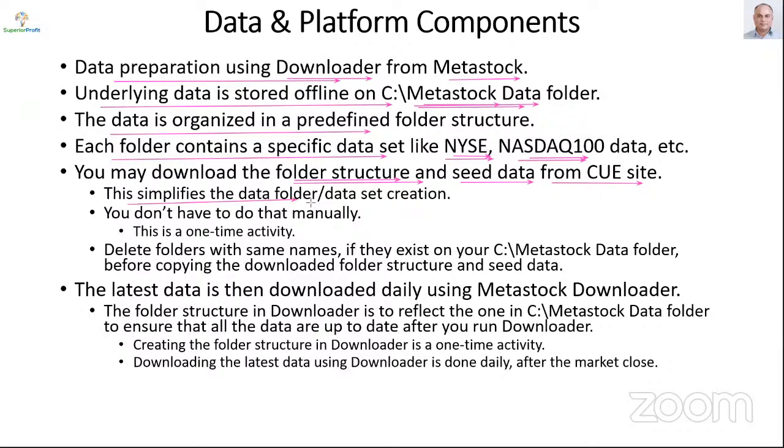That will simplify the folder structure creation and initial dataset creation. You don't have to create them manually. And this is a one-time activity. Only one time we have to create the folder structure. So we can get the entire folder structure and the initial seed data from the Q download link and put it into the C:\Metastock data folder.